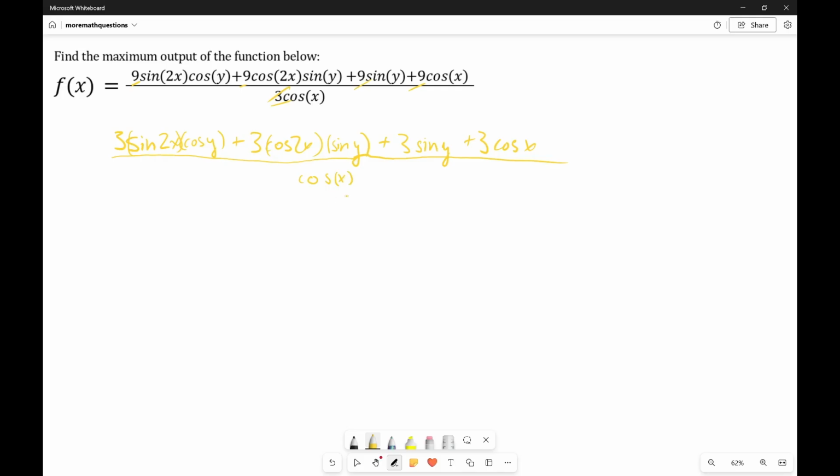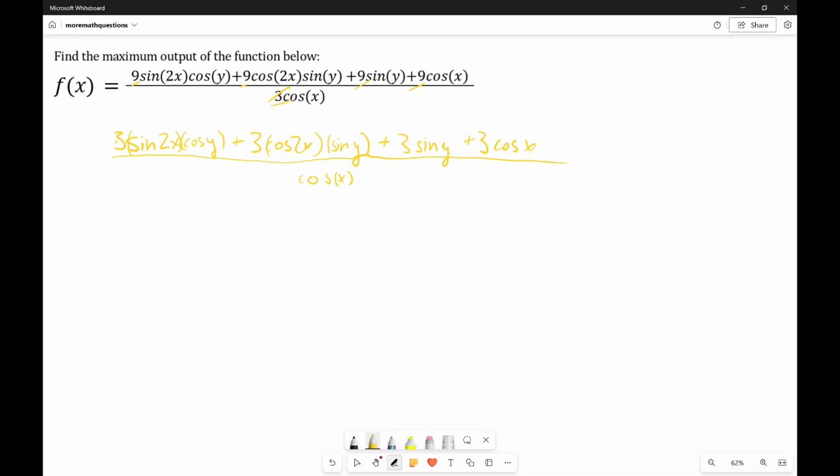Okay, so now I see two things that we can either simplify or take out. I do see that there's a cosine x in the denominator that we can maybe divide out by other terms that we can further find out when we simplify the top part of the fraction.